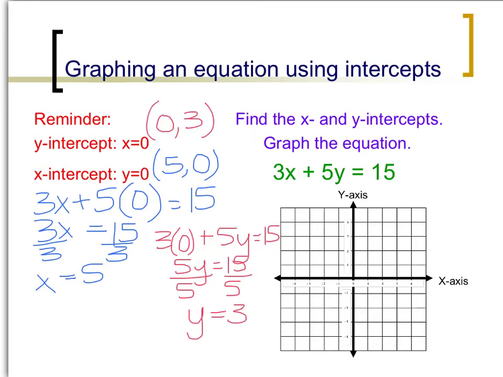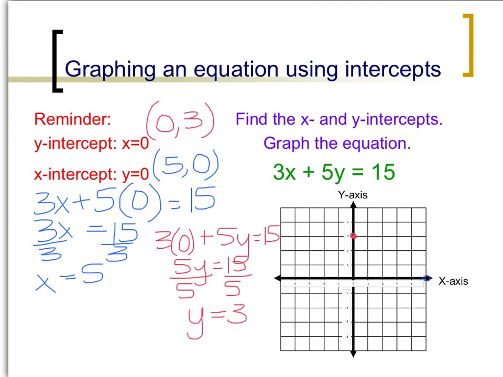What we want to do with this information is plot these points. My 0, 3 will be 0 along the x-axis, so I won't move, I'll stay at 0, and I'll go up 3. Plotting that point here. Now let's look at our second one, our x-intercept. Our coordinates will be 5 along the x-axis and 0 up or down. So I will move 5 along my x-axis, and I will not move up or down since our y value is 0.